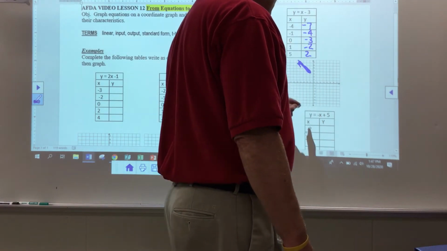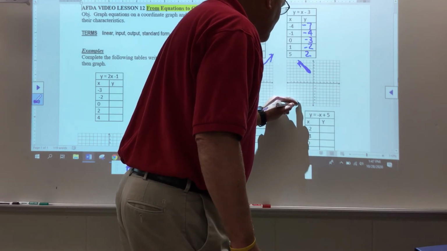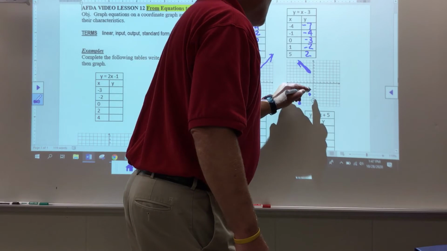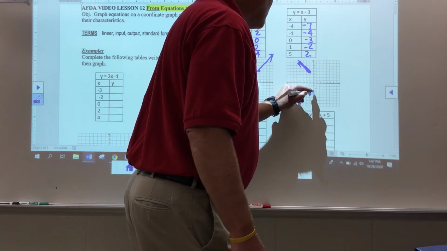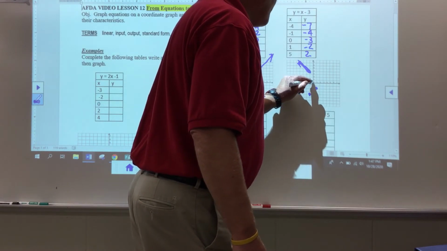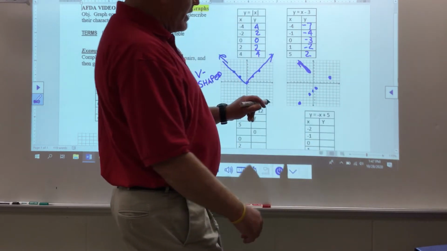Forget that right there, guys. -4, -7 is way down here. Sorry. -1, -4 is right there. 0, -3 is right there, I think. 1, -2 is right about there. And 5, 2 is right over there. That looks a little bit better.